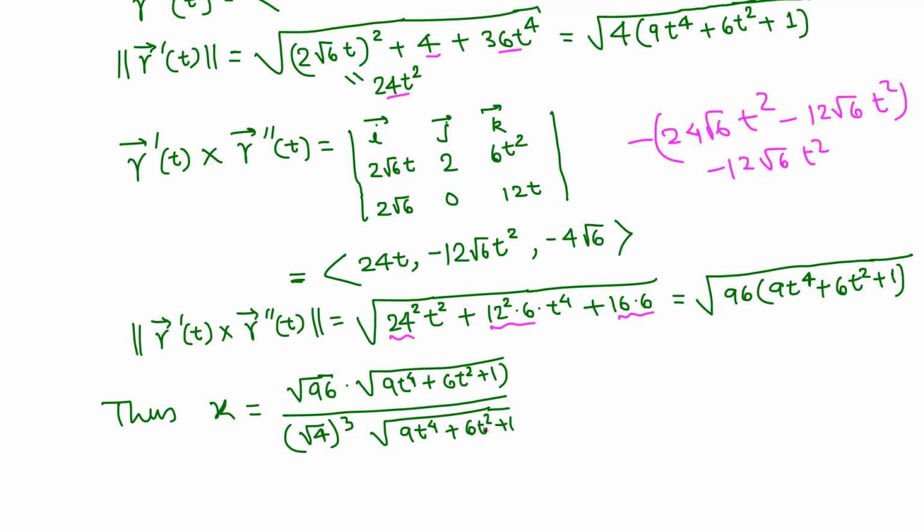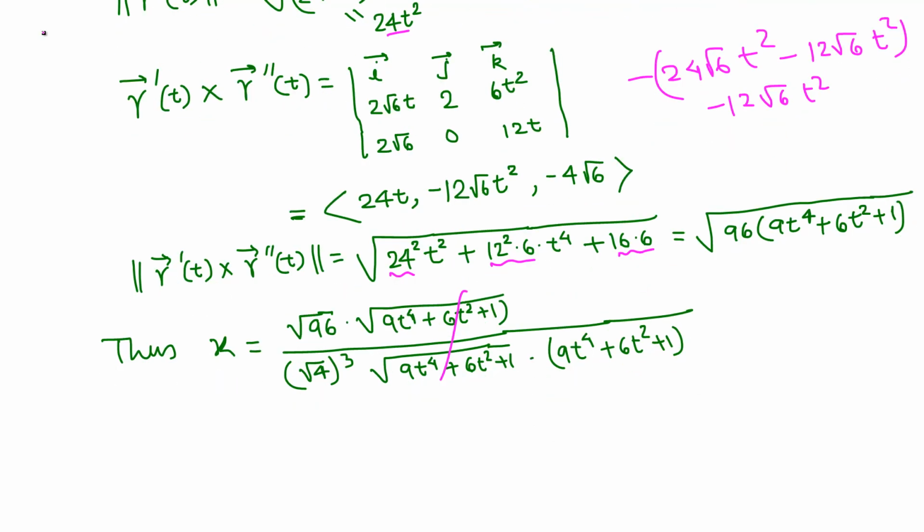Cube means 3 copies, so 1 copy, and let me write 2 copies here, and the square root of the square means cancel. Now these two things are the same, so we can cancel from top and bottom, and whatever is left over is the answer.